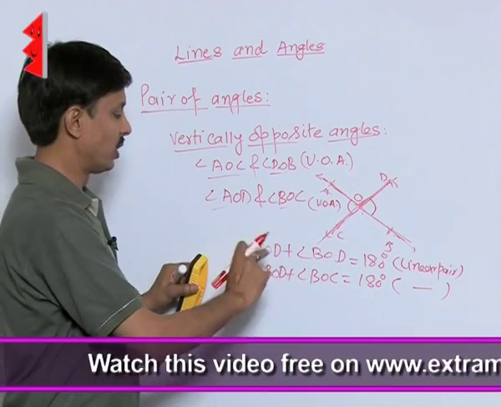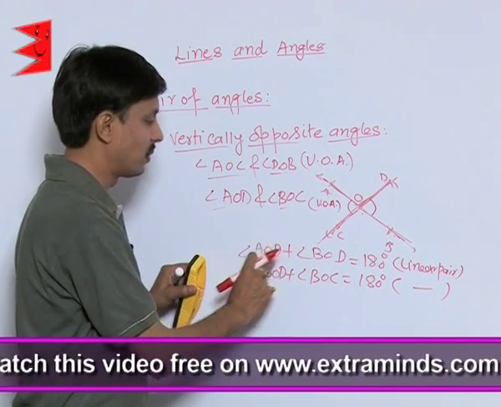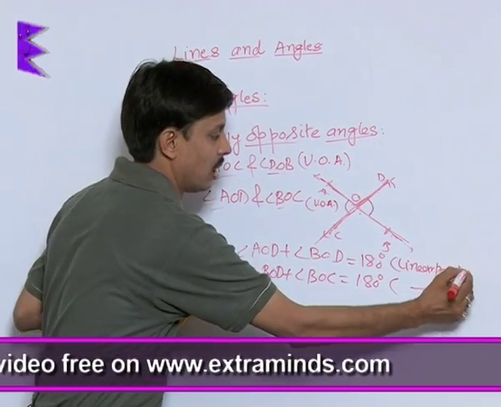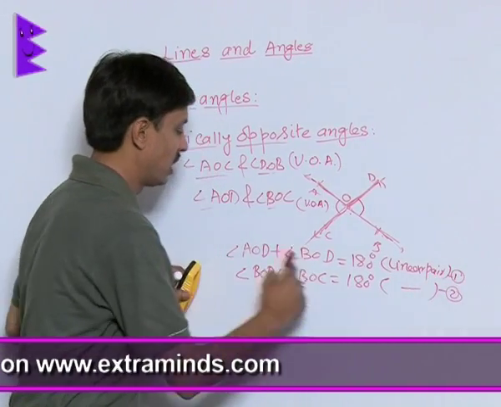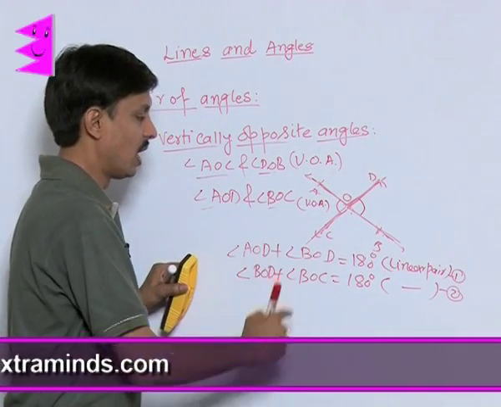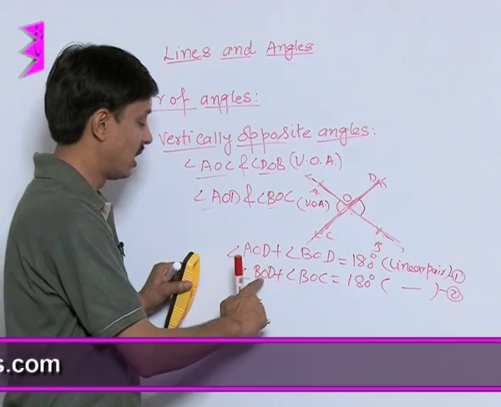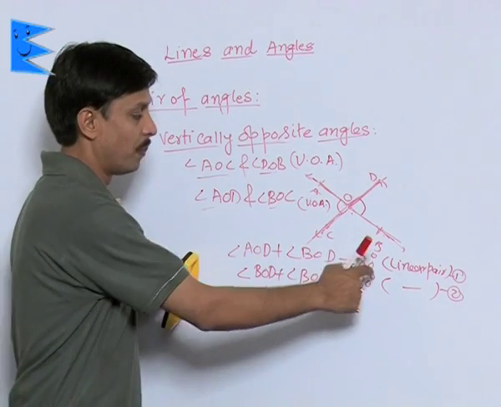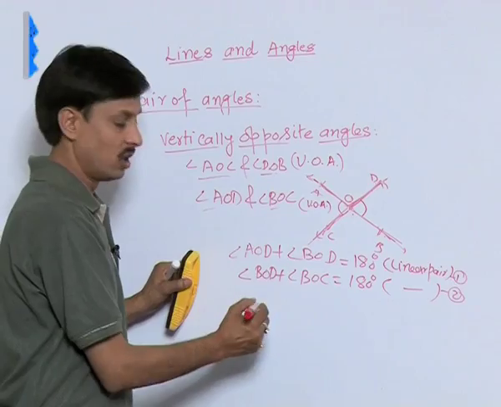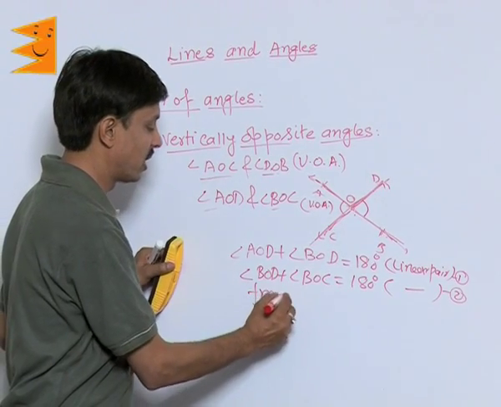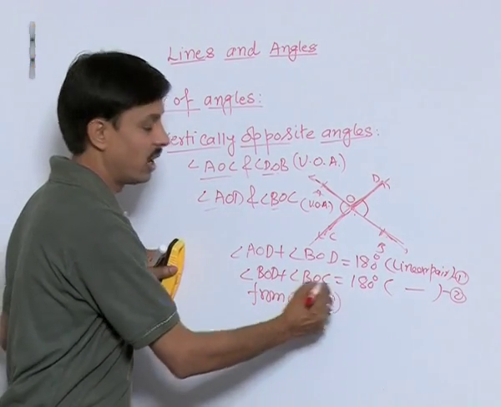The left side of the first relation is AOD plus BOD and the left side of the second relation is BOD plus BOC, but their right-hand sides are equal. So what can I conclude from 1 and 2?